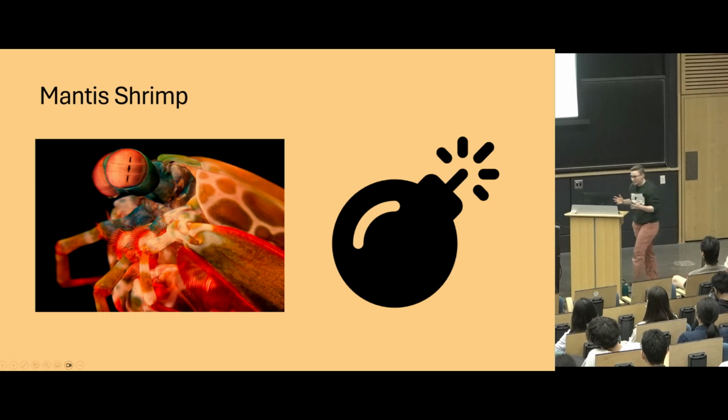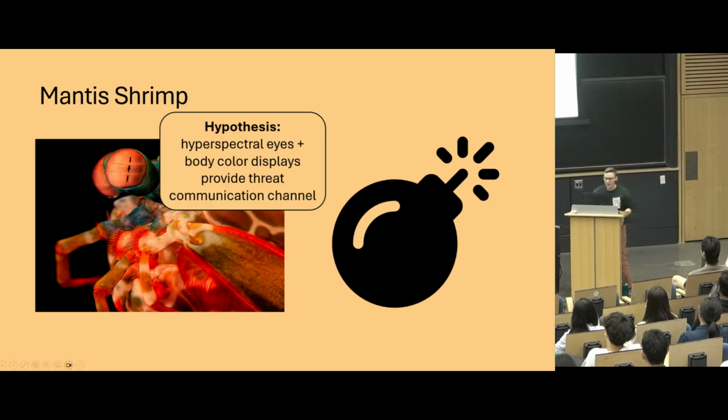So it's been thought that basically very long ago in their evolutionary past, their crazy colorful bodies and their crazy colorful eyeballs kind of got together to figure out who was going to win fights before they happened. Okay, so now our hypothesis becomes that these eyes and body colors together form a communication channel that we can analyze, and what they're communicating is threat.